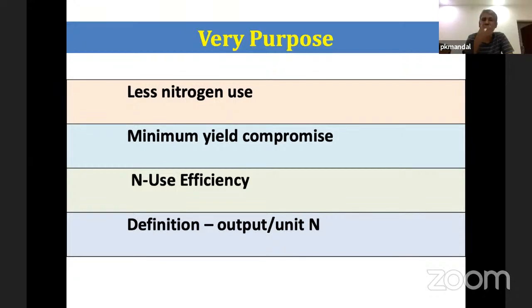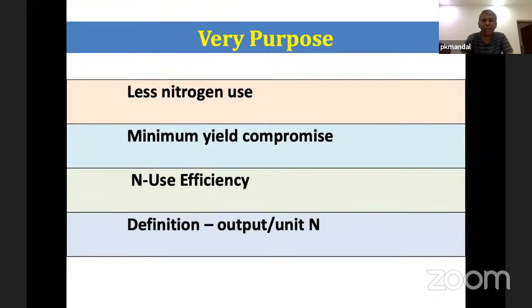So what is the purpose of doing such research? We wanted to reduce the loss of nitrogen. Whatever we are applying, that much should be useful. Or in a different way, as much as is required for the plant, that much only we should be using.